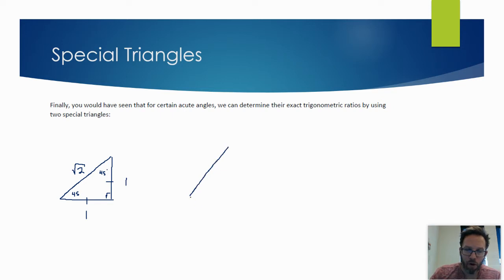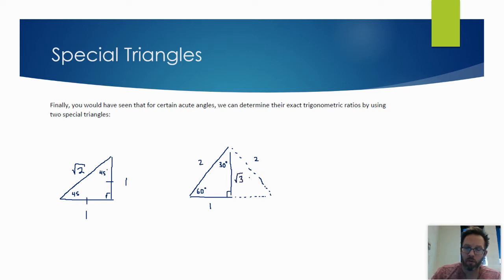The second special triangle came from taking an equilateral triangle with side lengths of 2 and cutting it in half. When you cut it in half, it makes that bottom side 1, and because the original was equilateral and all the angles were 60, it forms a 30, 60, 90 degree triangle with a hypotenuse of 2, a smaller leg of 1, and using the Pythagorean theorem, 2 squared minus 1 squared is 3.